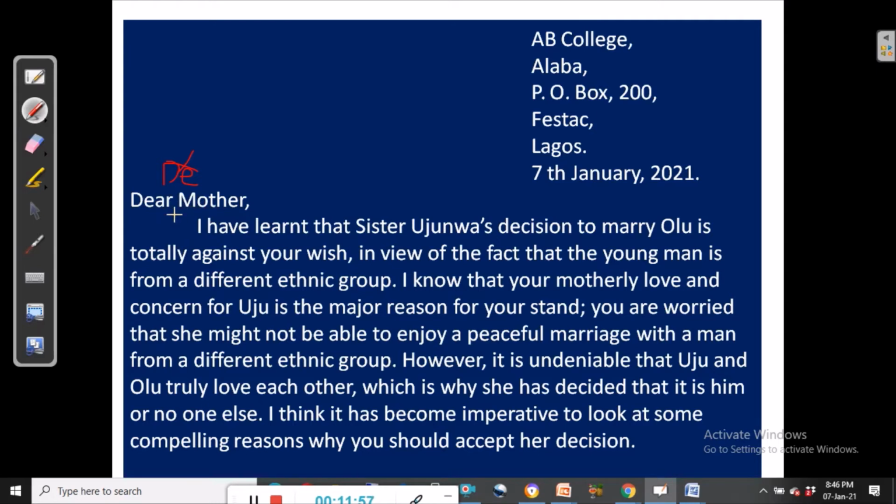So you can begin here if you are writing by hand. Well, the computer has set it the way it should be here. All right, so now let's look at how this sample letter has been written.